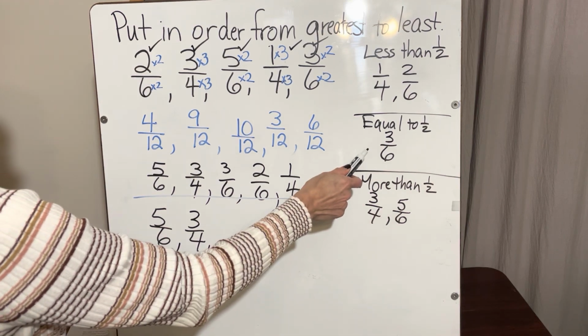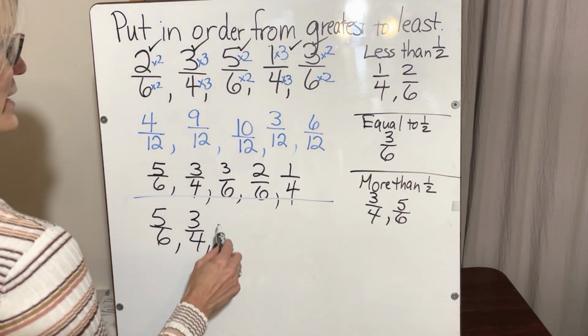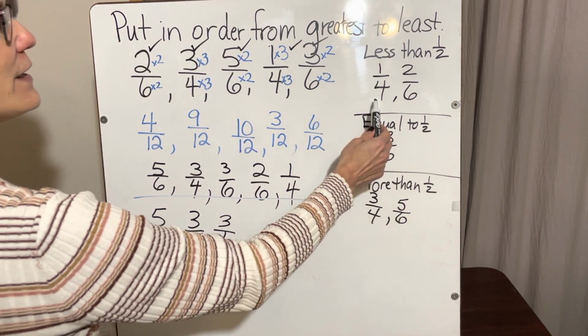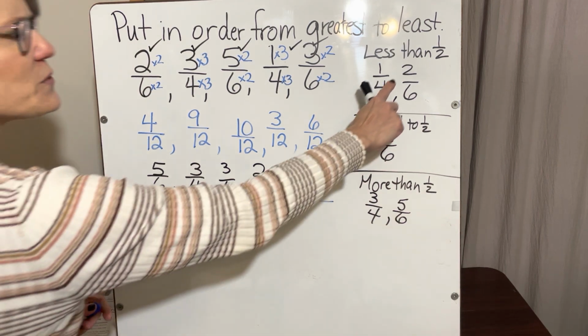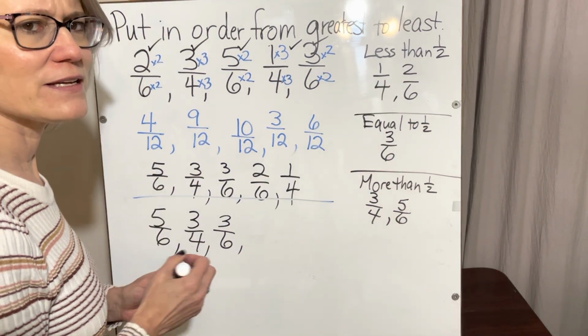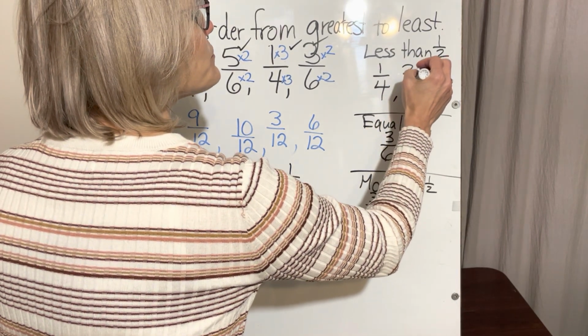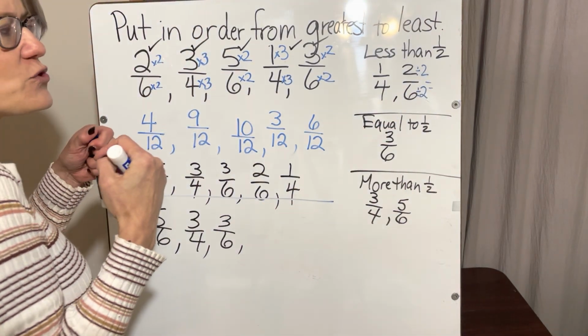So 3/4 will be next. And then I move up here, equal to half. Well, that would be 3/6. It's the only one in that category. Then I've got these two to look at. Well, this one, I can tell it has two even numbers, so it can be reduced by 2. So I can pull 2 out of each one of those.